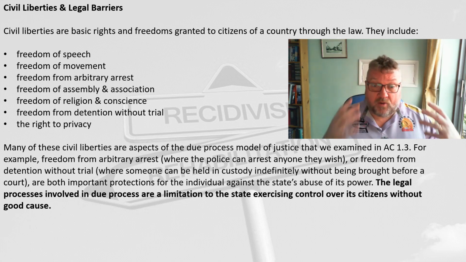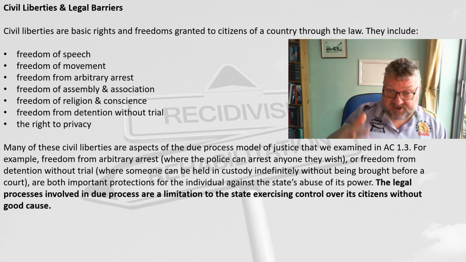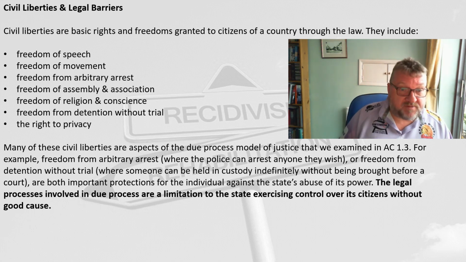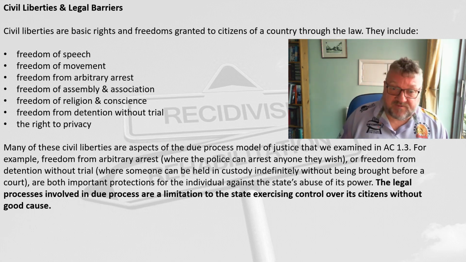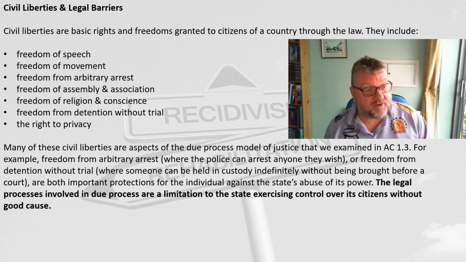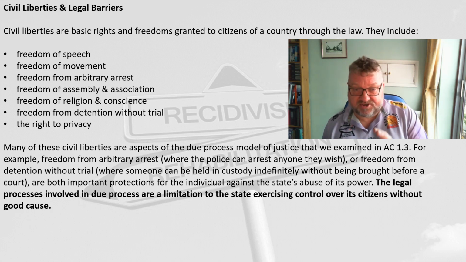However, all of these are linked to this idea of the due process model of criminal justice that we examine in AC 1.3. For example, freedom from arbitrary arrest, where the police can arrest anyone they wish, or freedom from detention without trial, where you can be held in custody indefinitely without being brought before a court. They're important protections for the individual against the state's abuse of power. Now, obviously, the legal processes involved in due process are a limitation to the state exercising control over its citizens without good cause.